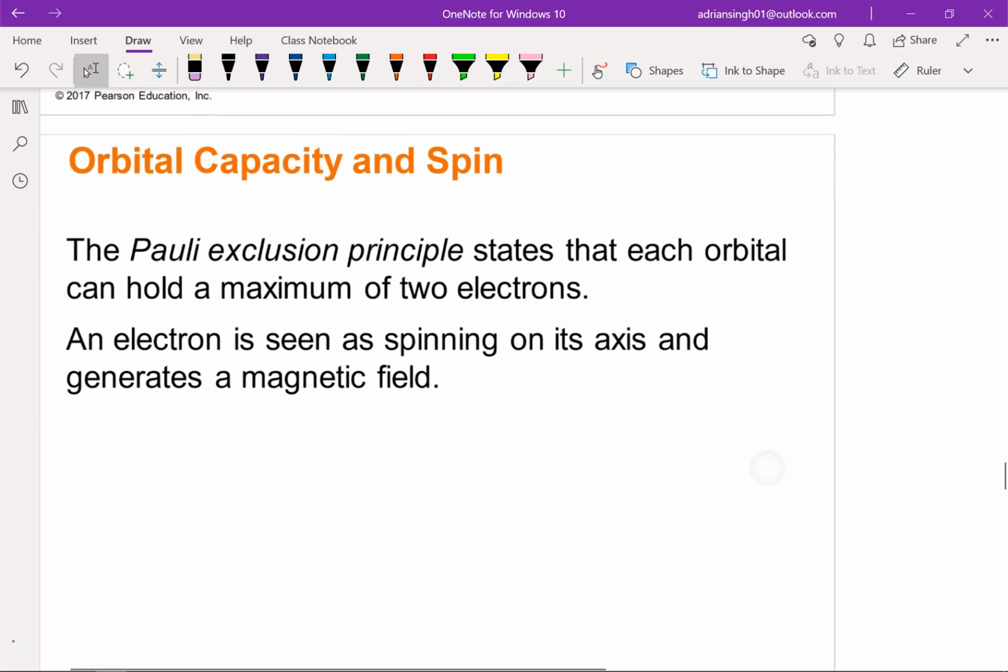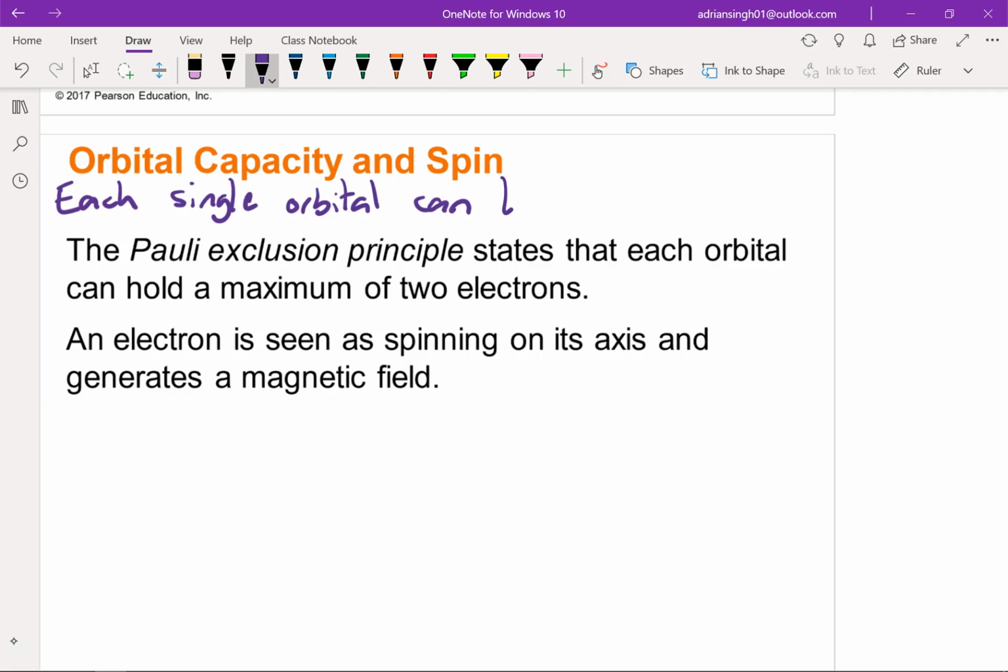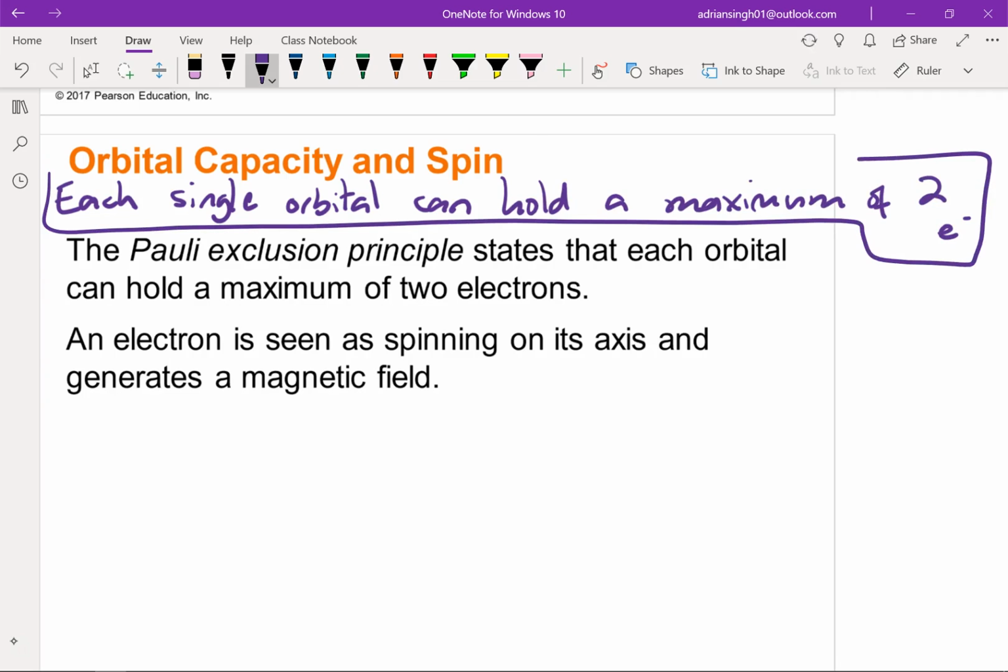To make a long story short, each single orbital can hold a maximum of 2 electrons. That's a really important thing to keep in mind. And that is based on a principle known as the Pauli exclusion principle.